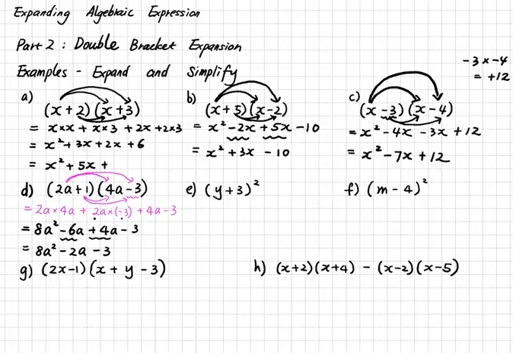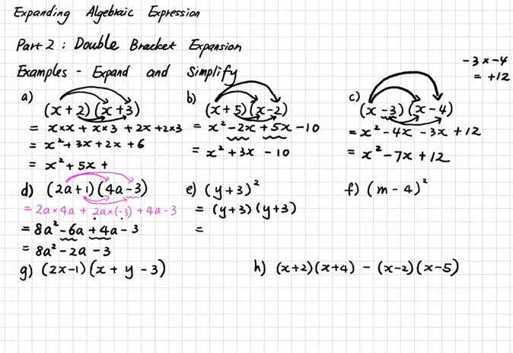Now, question E, and often students make quite simple mistakes here. The bracket squared actually means that the bracket is multiplied by itself. So it's actually y plus 3 times y plus 3. So it's bracket times bracket, so we need to expand it.